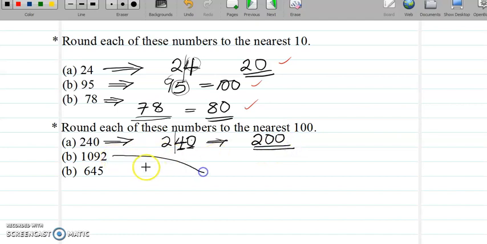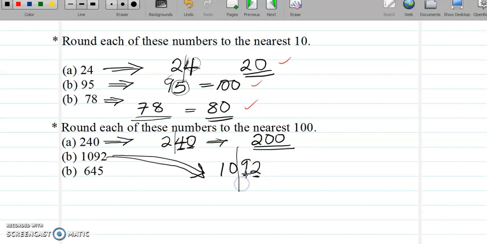Okay, now let's look at this. If you are asked to round this number, 1092, to the nearest 100, what do you have as the answer? Check. That's fine. Now look, we have double 0. This will be 0. This will be 0. It ended here. See that? Double 0 from the back, 20.